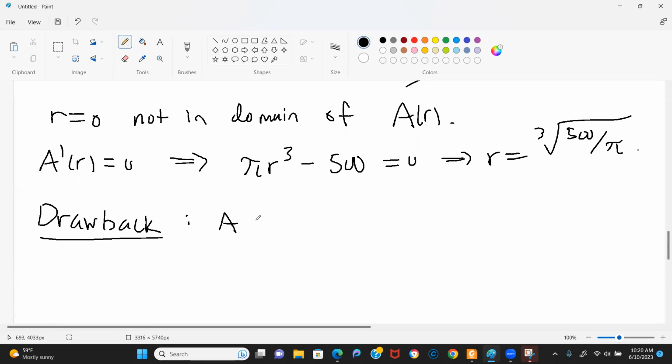So A is a function from 0 to infinity, and in fact, it's not just the real numbers, but all the positive numbers. Sorry, there's dogs barking that's distracting me. So the function is from the positive numbers to the positive numbers. This is not a closed interval.